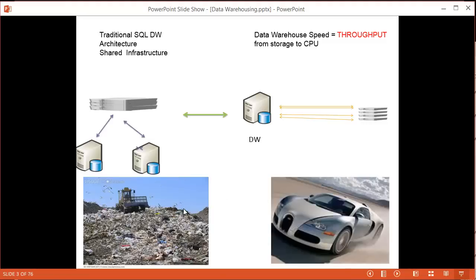In other words, 0 to 60 time, right? The Bugatti would perform that a lot faster than the vehicle on the left. However, it doesn't mean that the vehicle on the left isn't performing work or isn't being efficient or performing its job well. It just means that there are fundamentally different workloads, and so measuring both of these by the same metric doesn't really make sense. And the same principle applies for measuring OLTP system performance versus data warehouse performance.